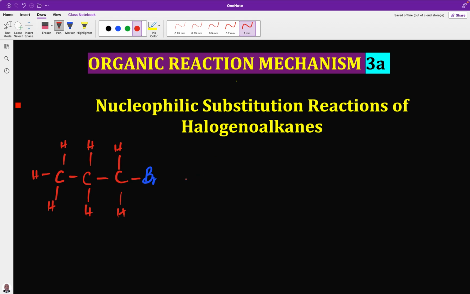We have a compound like this one. The carbon atom holding the halogen atom has two methyl groups attached to it.